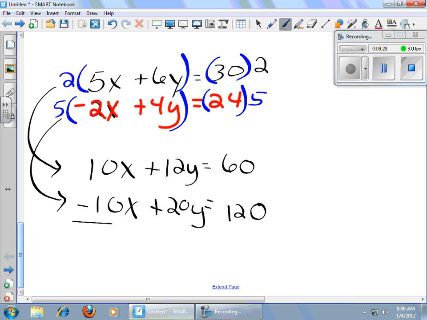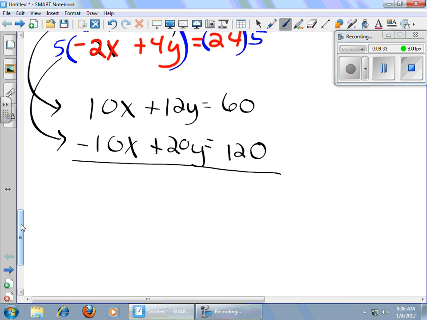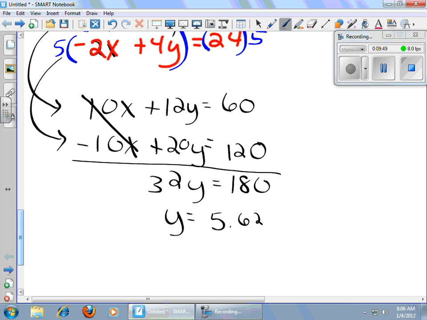So I add them together. Those will cancel. I have 32y, which will equal 180. Y will equal, and I'll go right to a decimal on this one, 180 divided by 32, about 5.625. I'm going to leave all 3 decimal places there.